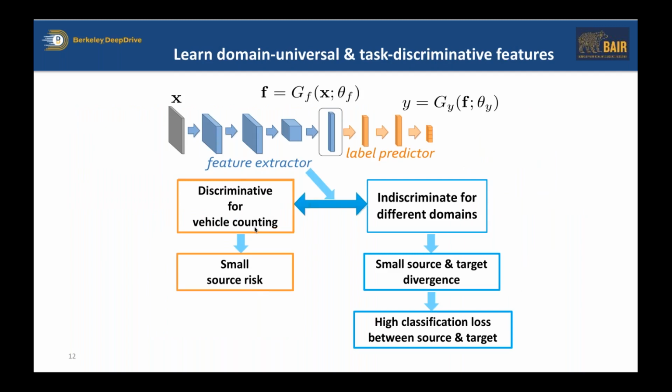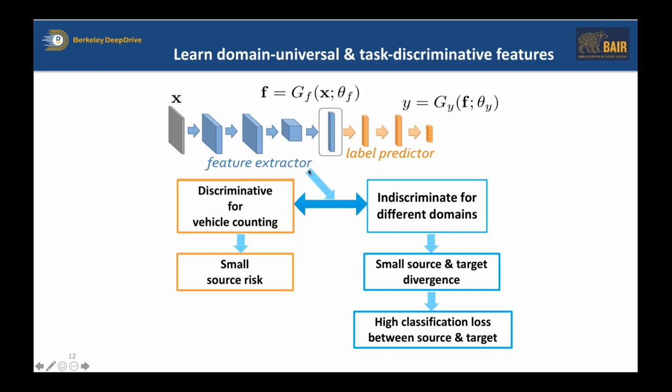How to do this? First, let's take a deeper look at the deep neural network. A typical neural network can be understood as two parts. The first one is the feature extractor, and the second stage is a label predictor. So if the input images from source and target are different from each other, we may try to make the features extracted by the feature extractor very similar to each other, so they are indiscriminable between the source and target domains.